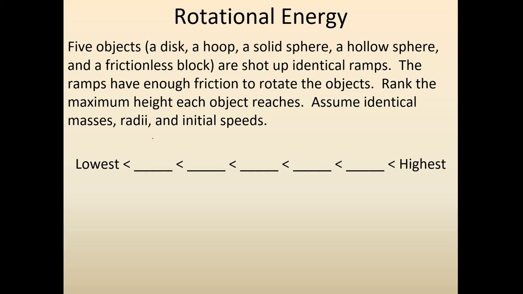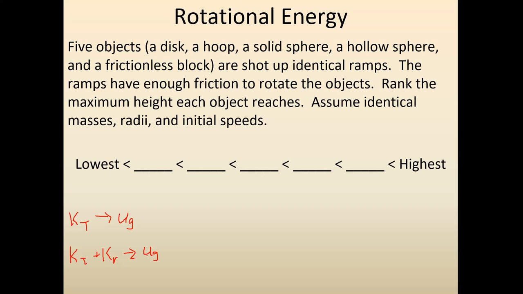So for the block, we start with translational kinetic energy, and that goes into U_G. So far, so good. Works the same way as before. Now, for the other four objects, they're going to start with K translational plus K rotational going into this gravitational potential energy.